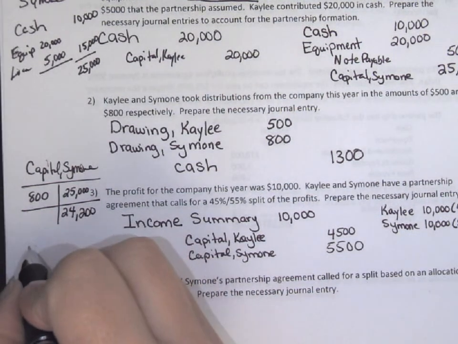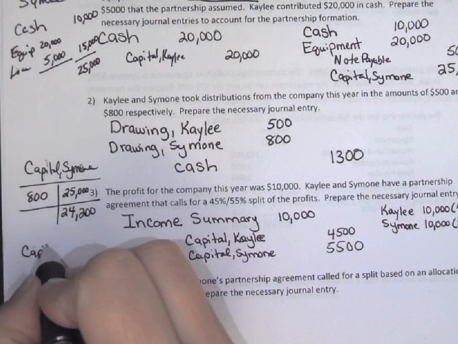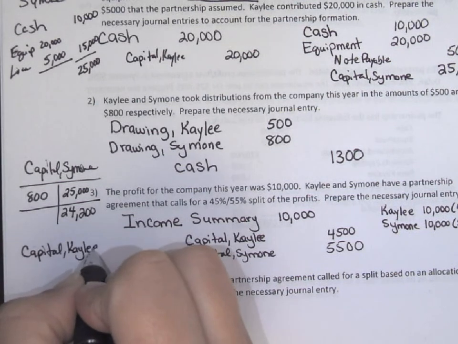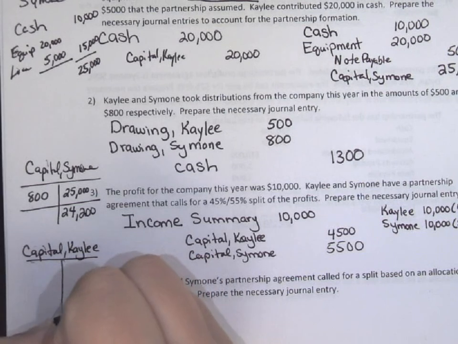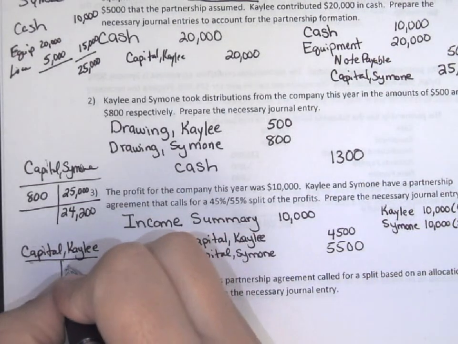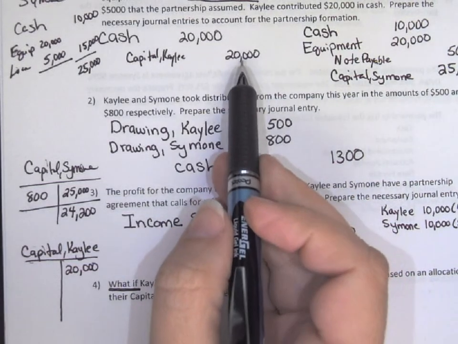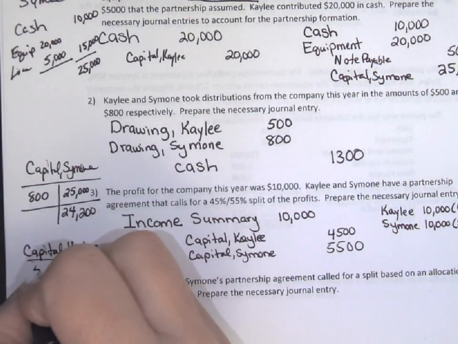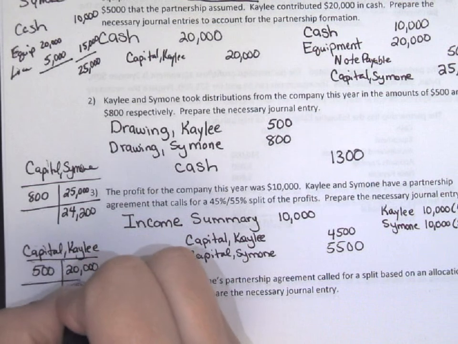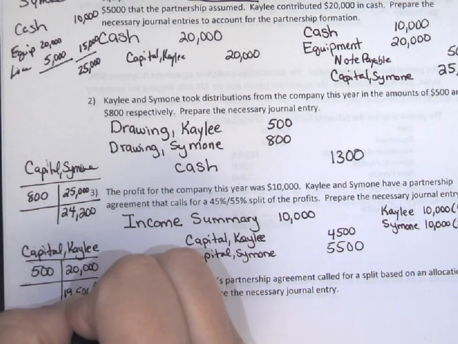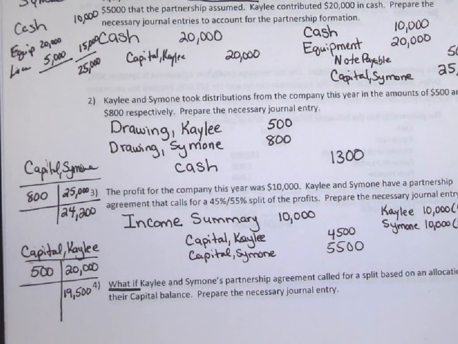Now, when we look at Kaylee's account, she started with $20,000 in her account, and that was gotten from right here, and then we had a drawing of $500, and so her account now has $19,500 in it.